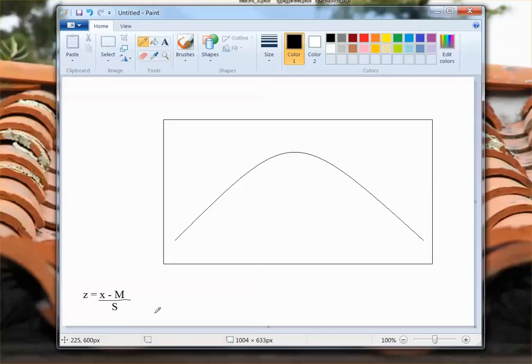Well, as it turns out, because the central limit theorem says a sampling distribution, remember, the sampling distribution is a normal distribution of sample means. That means that we can take this information and apply it to a population.